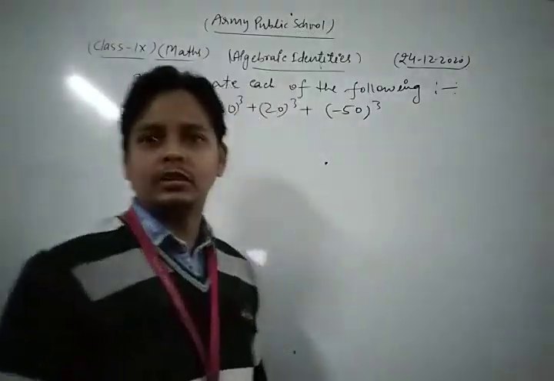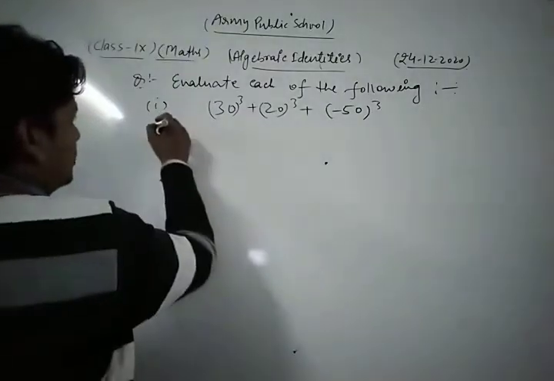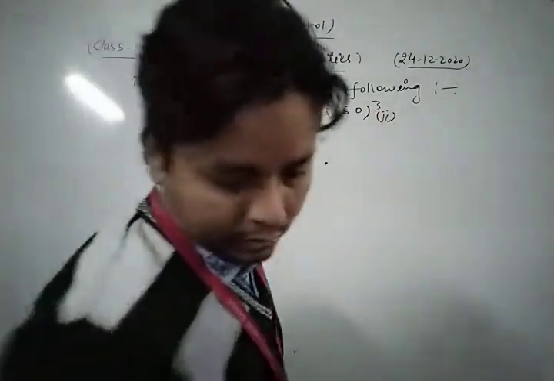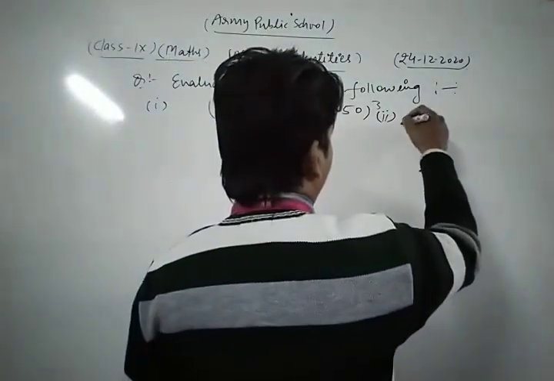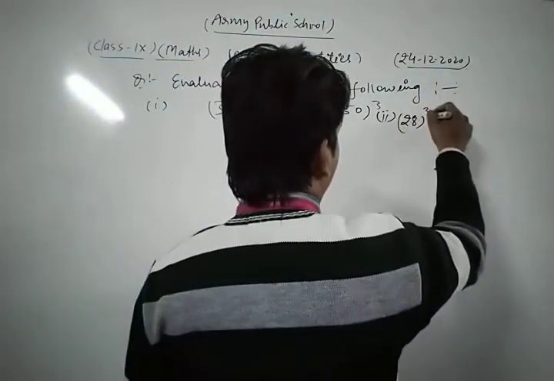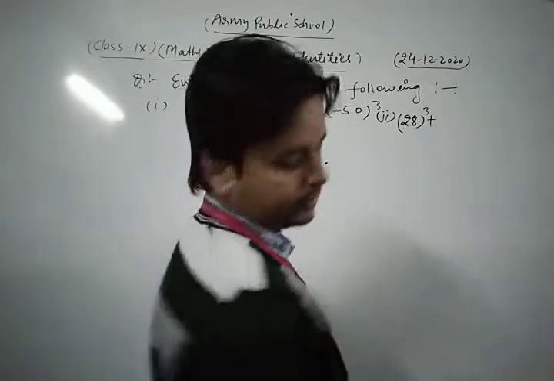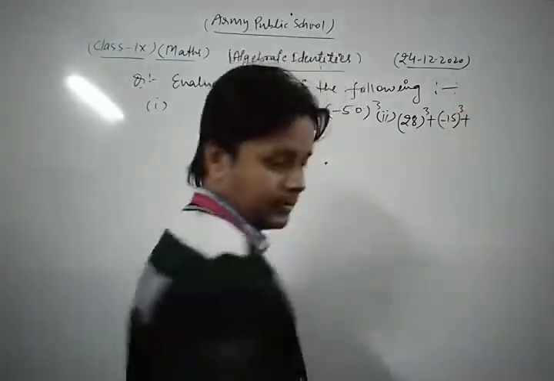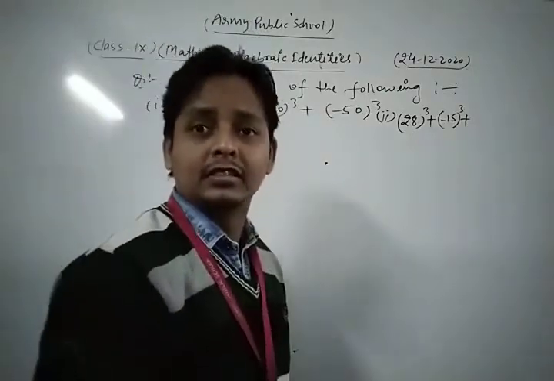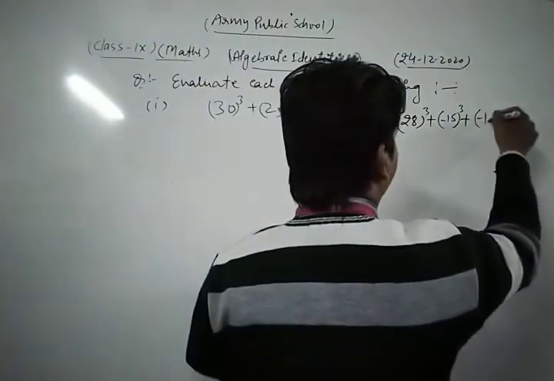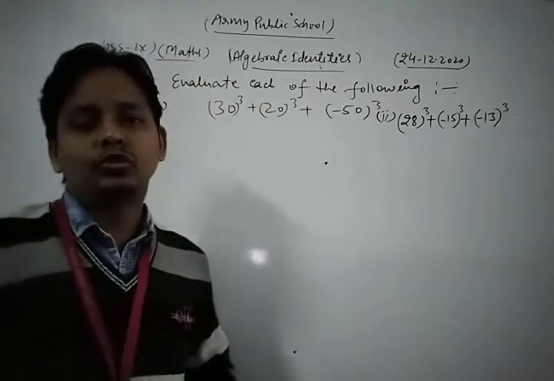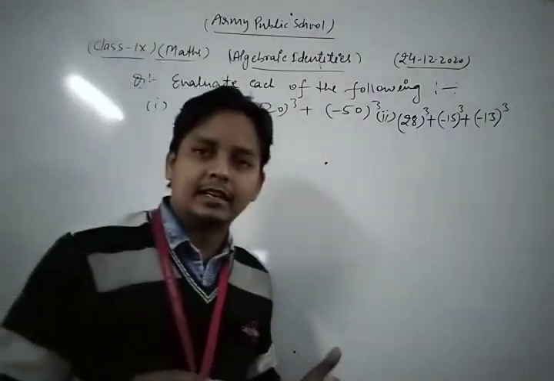This is the first one. And the second part of this question is 28 cube plus minus 15 cube plus minus 13 cube. So these are two very important questions of your NCERT book.